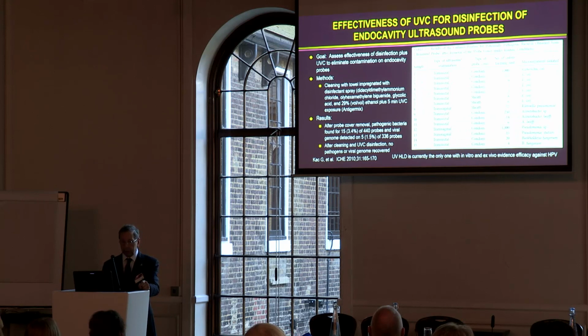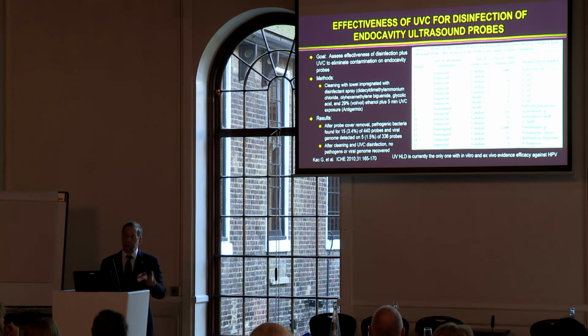Another study here, the goal was to assess the effectiveness of disinfection plus UVC, cleaning with a towel impregnated with the disinfectant spray versus ultraviolet light. After the probe cover was removed, pathogenic bacteria were found on 3.4% of 440 probes and viral particles detected on 1.5%, but after cleaning and UVC disinfection, no pathogens or viral genome were detected.